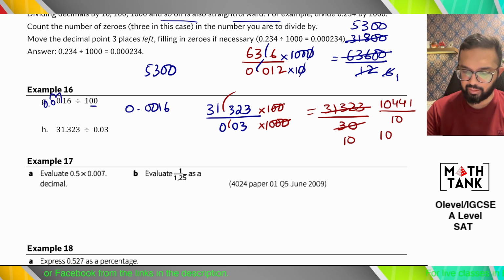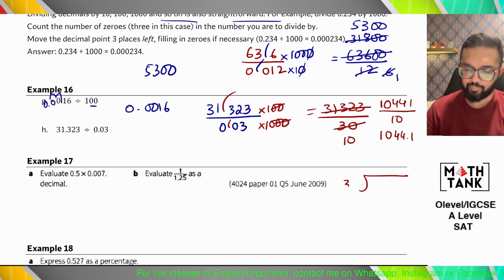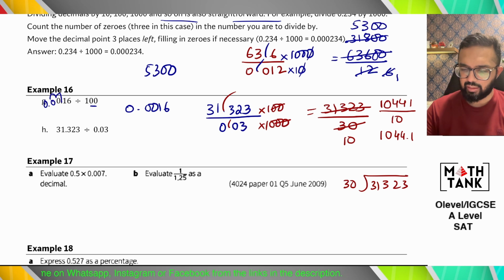So that gives me 1044.1. I'm hoping I've done this correctly. I think I have.